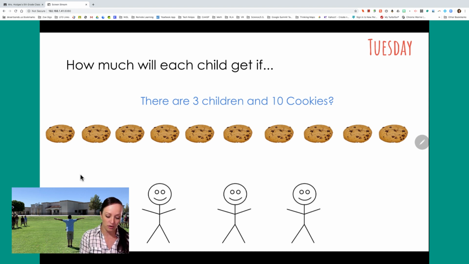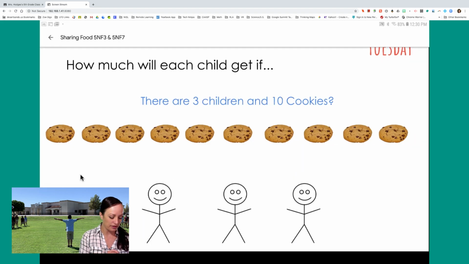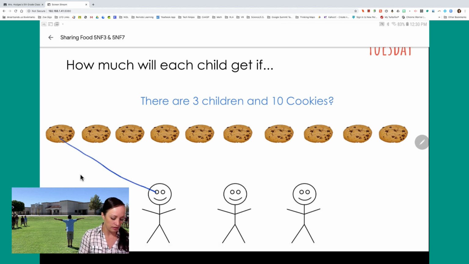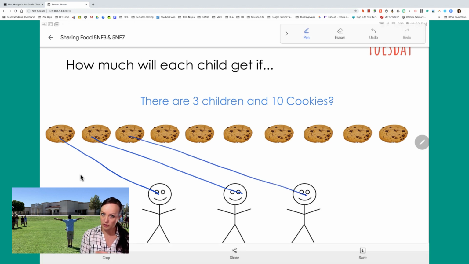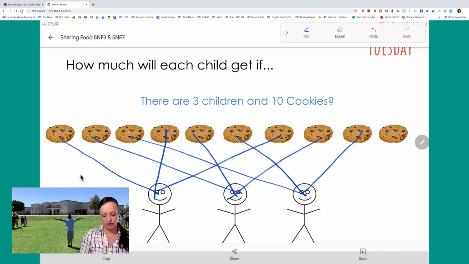If I start giving one to each person, this is what it would look like. So far, everybody has 1 cookie. But there's more to share, so I'm going to keep on passing them out. And again. And then there's 1 remaining.